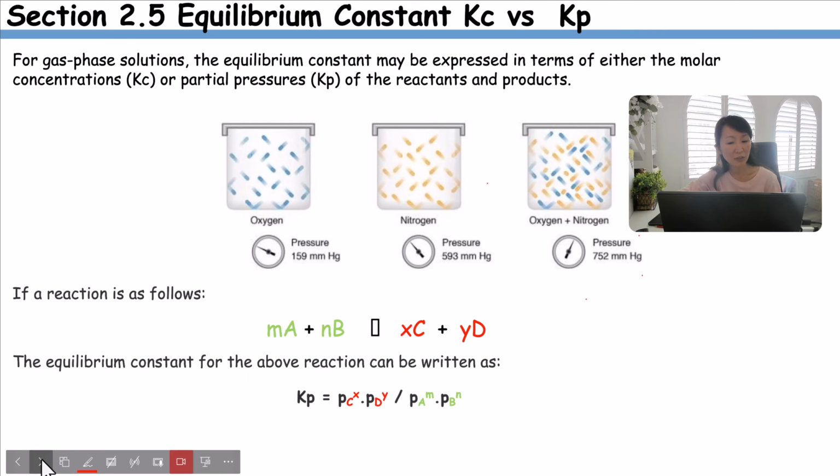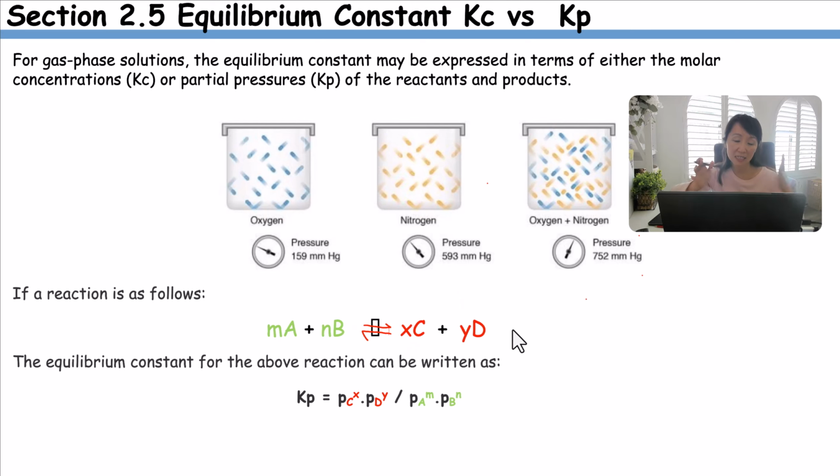If the reaction follows that A and B form C and D in an equilibrium, like the arrow, where C and D form back into A and B, we can write the equilibrium constant in relation to pressure as follows.